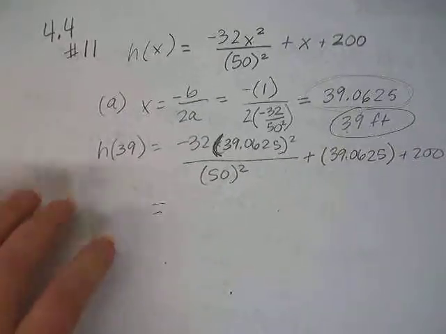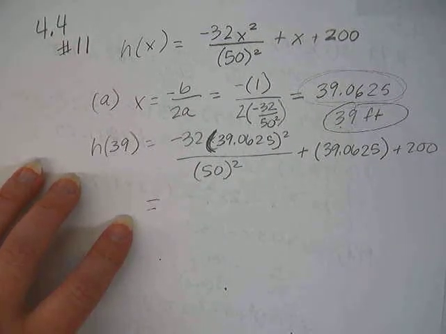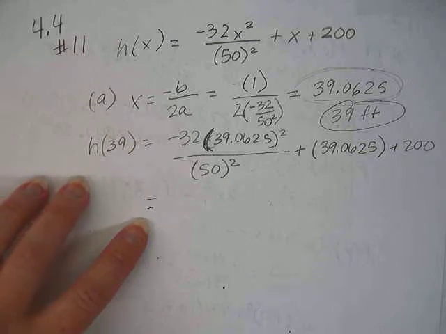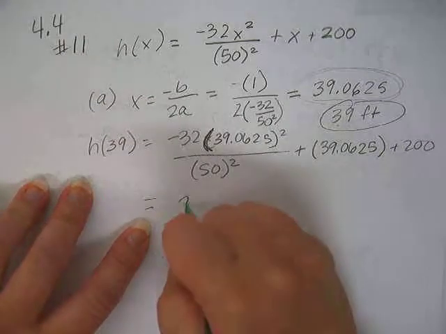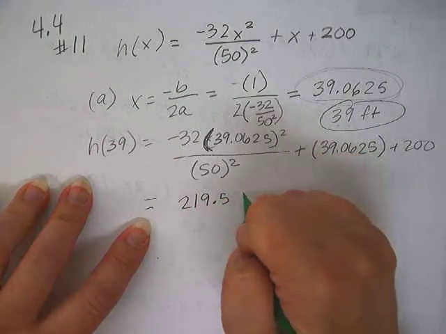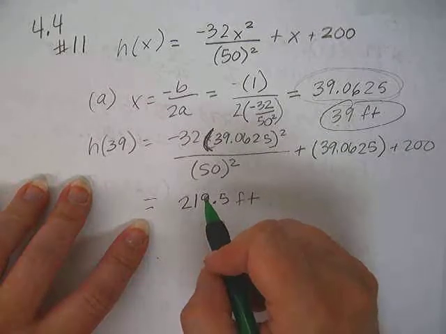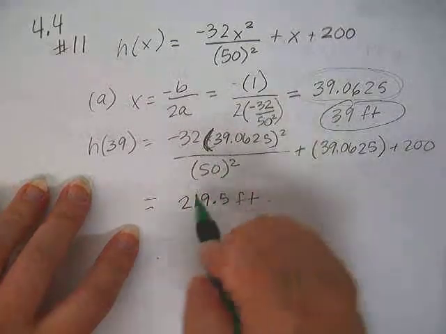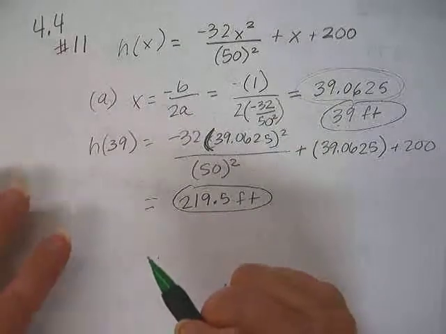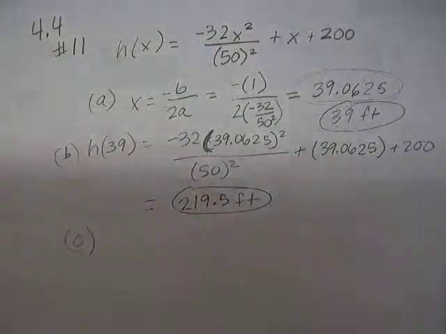Okay, so what answer do you get for that if you put in your calculator correctly? So if the cliff is at 200 feet already, then it's just taking the projectile up another 19.5 feet before it starts coming back down because gravity's acting on it, right?